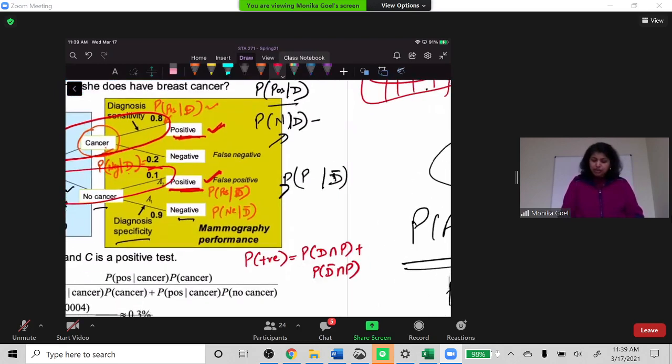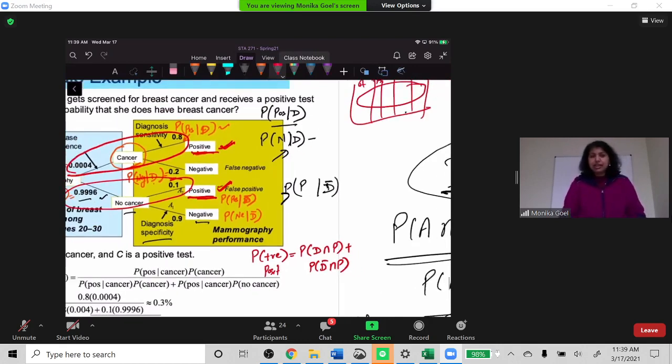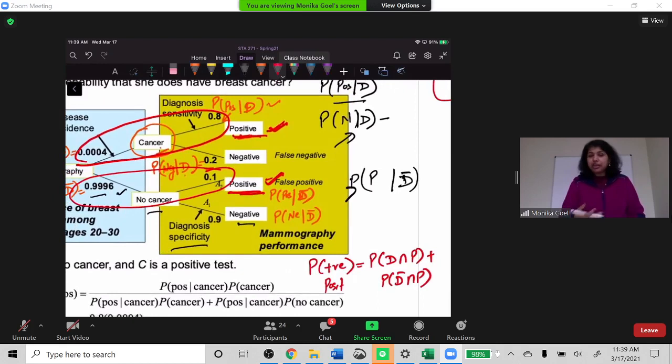So the test can come out positive in two cases, either here or here. Same thing if we are looking at the test coming out negative, negative also comes out in two cases. But if the question is asking specifically what is the probability of the test coming out positive given that there is a disease, then it's only this part. This is the only thing given that there is disease. This one is given that there is no disease.